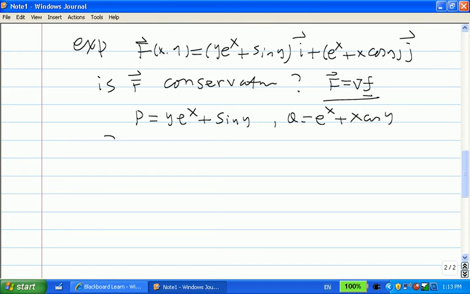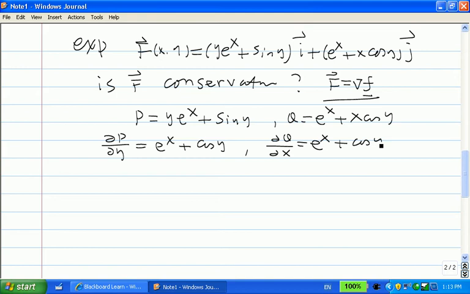Okay. So find the partial P with respect to y. Whenever you see x, you treat it as a constant. So taking the derivative of the first one gives you e^x. The second one gives you cos y. Partial Q with respect to x gives you e^x. Then this time you treat y as a constant, which gives you cos y.